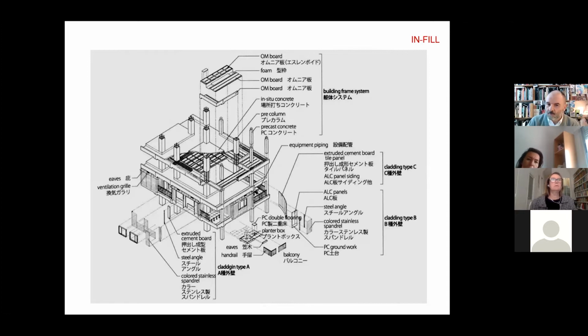It's very simple to understand that the base building is the structure. The integration elements are the installations and so on. All the other elements, absolutely all of them, partition, facade, any element is infill. That is, you can move, change, and reorganize it during time.